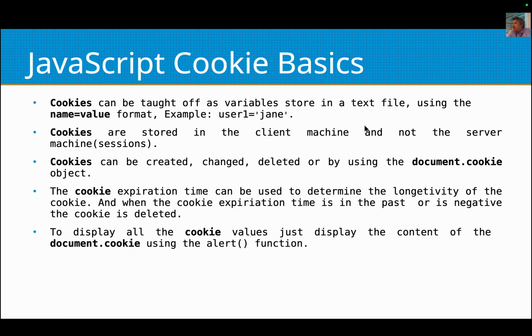Cookies can be created, modified, and deleted. The cookie is defined under document.cookie. The document.cookie is basically the array of cookies. It stores all the cookies that you actually create. All of them will be allocated into this document.cookie object.